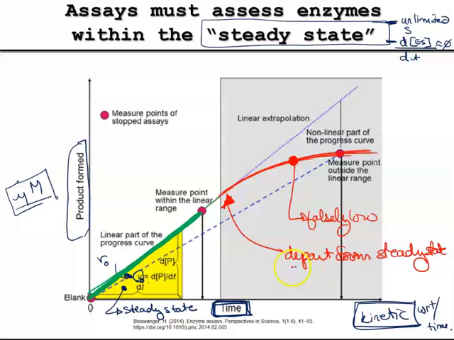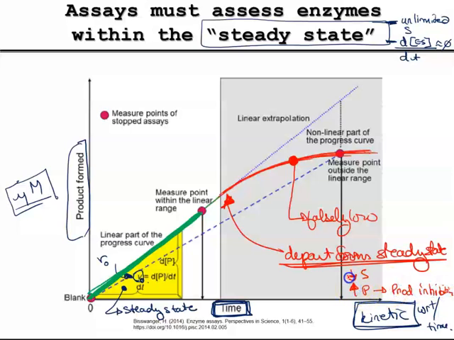And what's happening when you depart from the steady state? A couple things are happening. You're depleting substrate. You have too much product, and maybe your enzyme is subject to product inhibition, possibly.